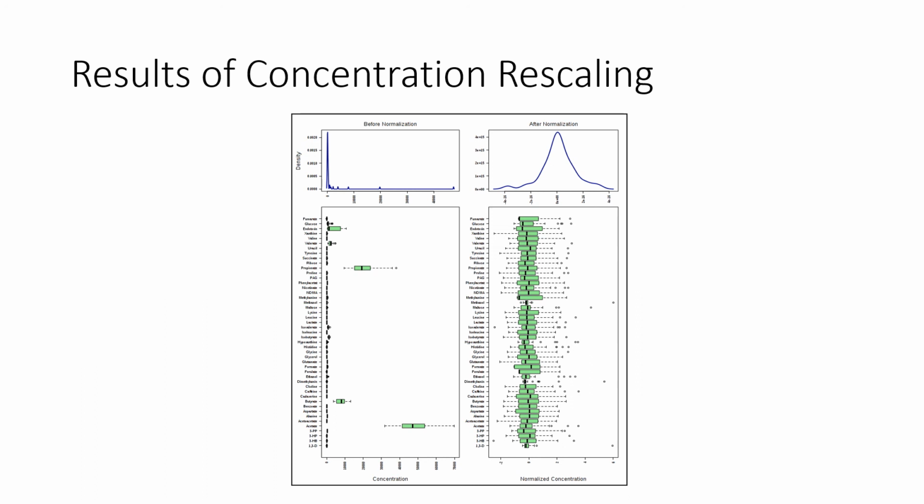By rescaling this and applying the appropriate corrections, we can now change this multimodal data set into something that's unimodal. And then by doing some log scaling or log normalization, we can make the whole data set not only unimodal, but also Gaussian or normal. And that's what we see on the right.